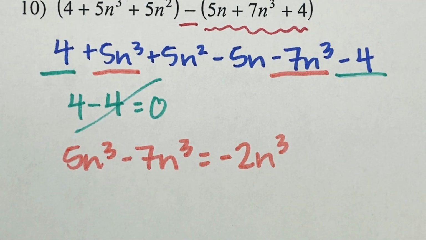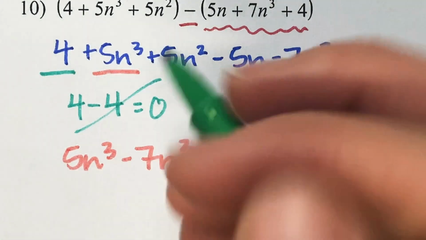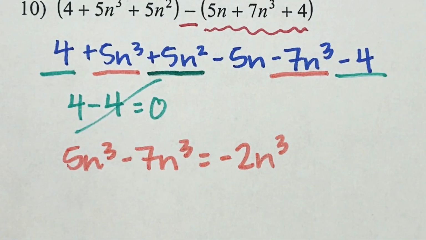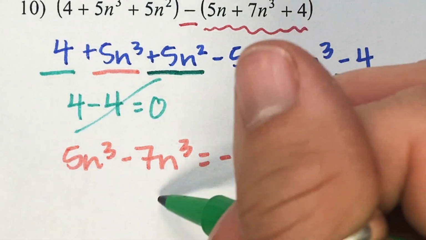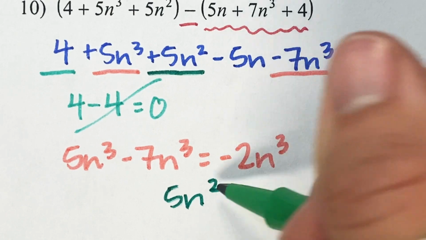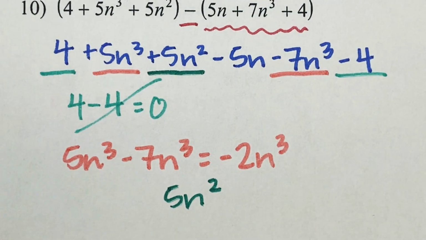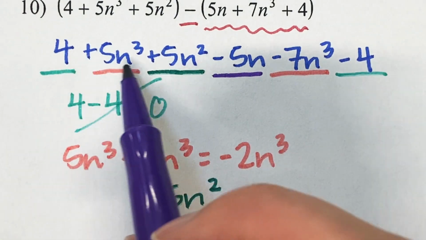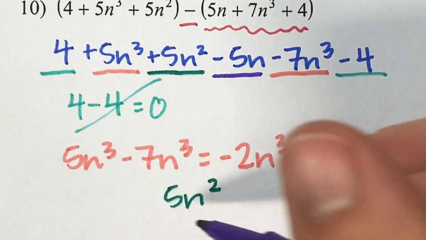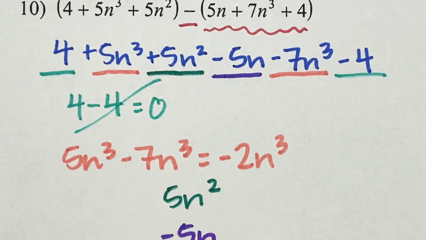Our next term is positive 5n squared. Any other n squareds? Nope. So we just have 5n squared. And our very last term is negative 5n. And I don't see any other n's to the first power, so minus 5n.